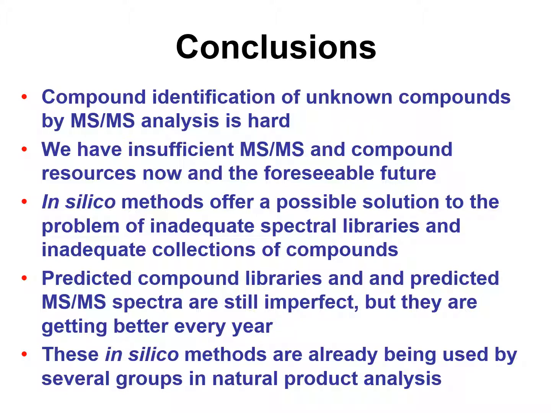And if you don't believe that this process is working, I've tried to give you some examples of at least 2 groups, and I think the number is growing, using these in silico methods to perform relatively rapid and relatively robust unknown identification. And they're doing this particularly in natural product analysis.